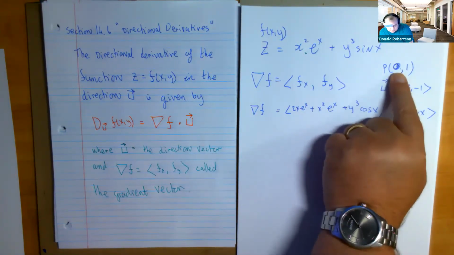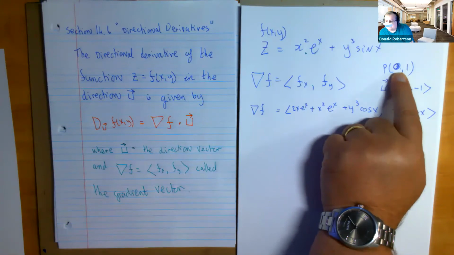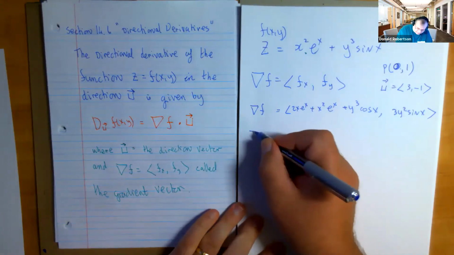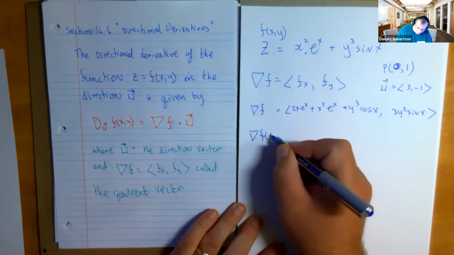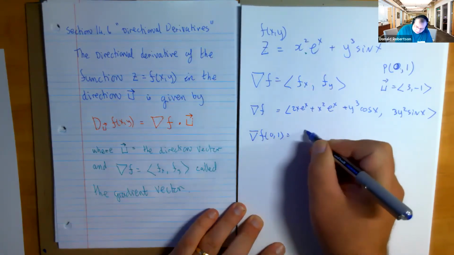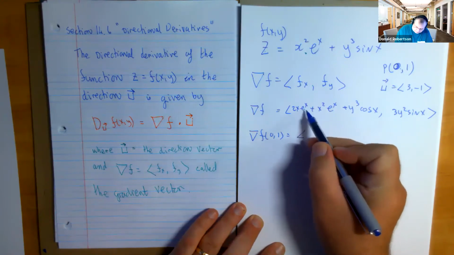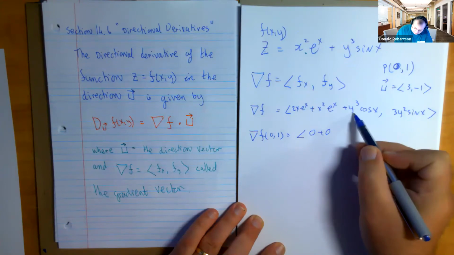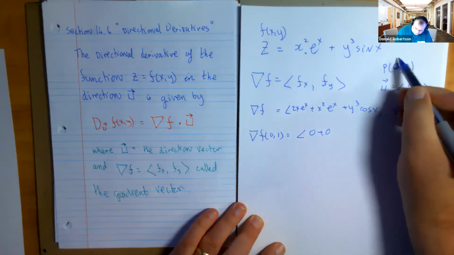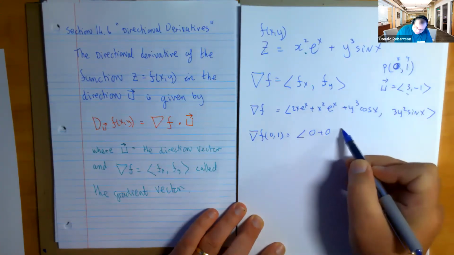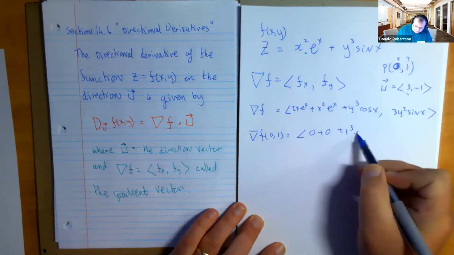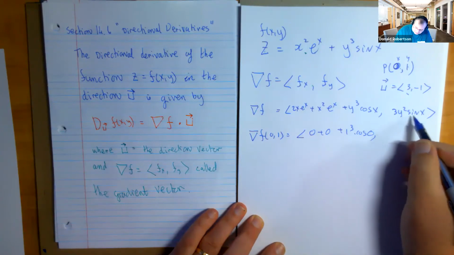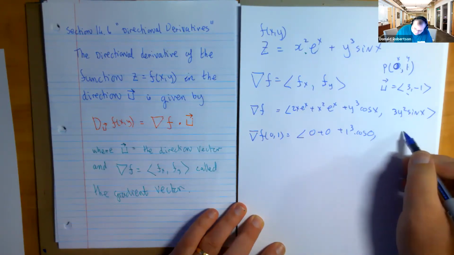In this particular question, and pretty much all of them, aren't you given a specific point to calculate it? So this gradient vector in this case would be 2 times 0, don't care, it's 0. Y cubed cosine of 0 is 1 cubed times the cosine of 0, so at least that's something. 3y squared sine becomes 3 times sine of 0, so that's nothing.